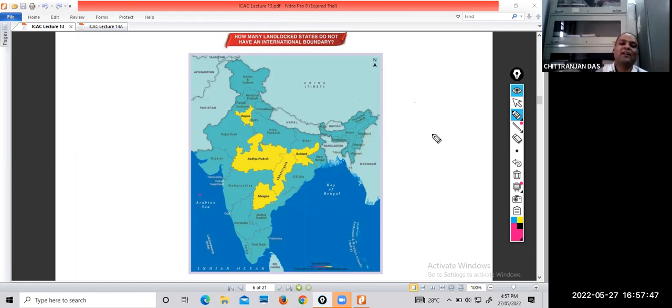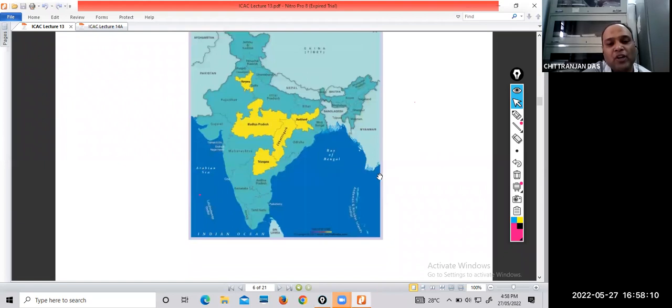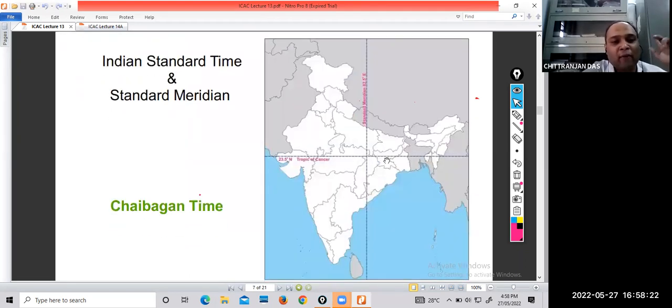Although they are not truly landlocked, in the case of India we can say that they don't share any boundary with any neighboring country, and they don't even have a coastline. This is a very interesting map. Sometimes you get a question related to such facts, like which state touches the boundary of which country. So that is very important.